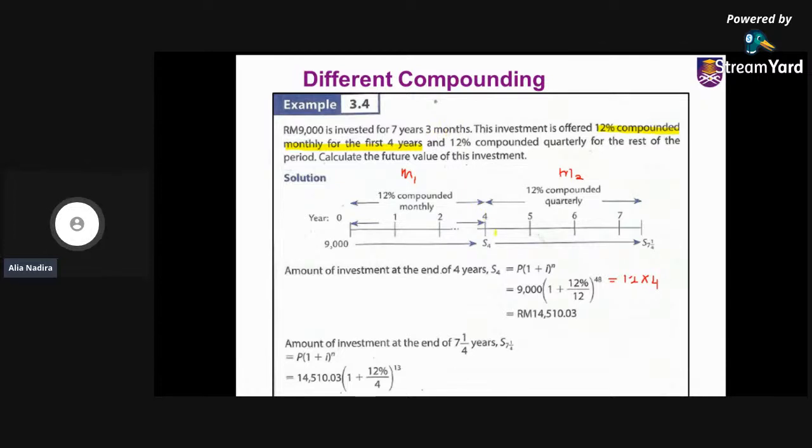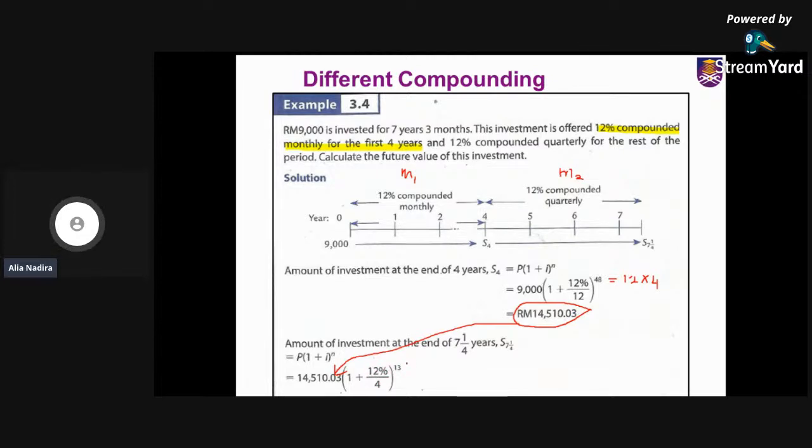For this period, what we want to do is take this amount, and this will be your new P. So you substitute 12% compounded quarterly, so K over M, quarterly, M is 4, and N is 13.